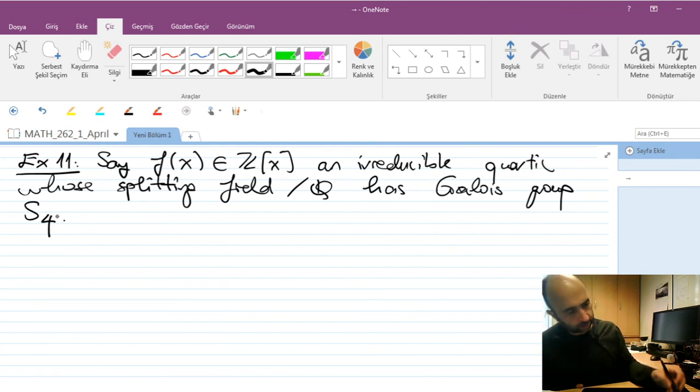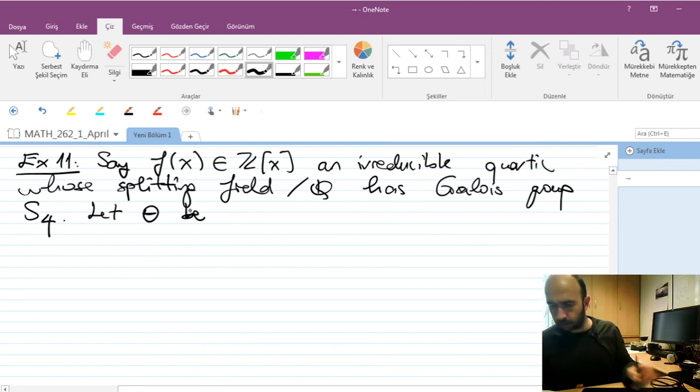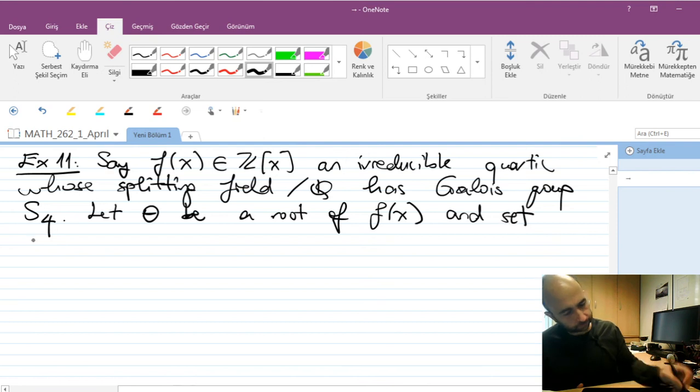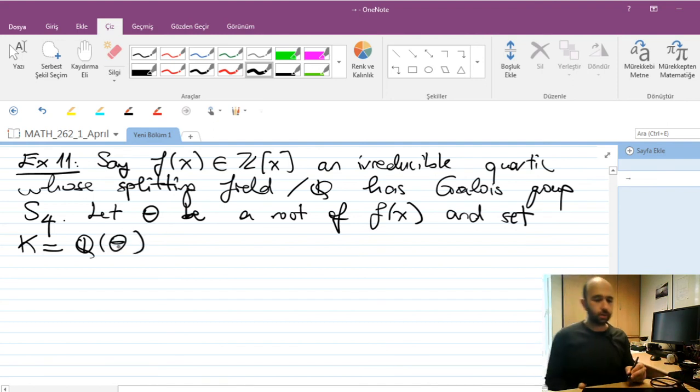Okay, now let theta be a root of f(x) in some algebraic closure, or in C if you like, and set K to be Q(theta).